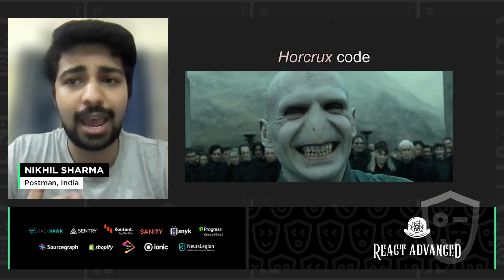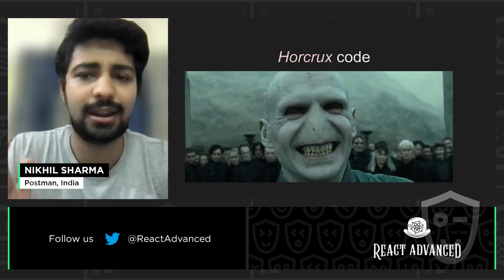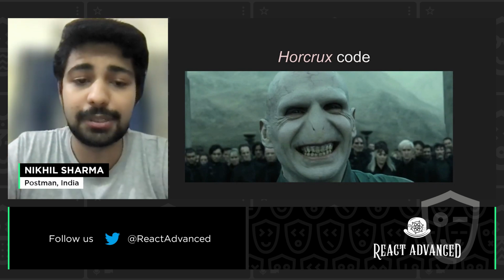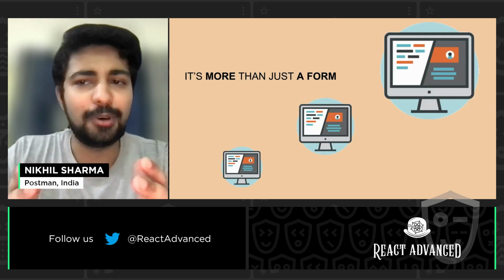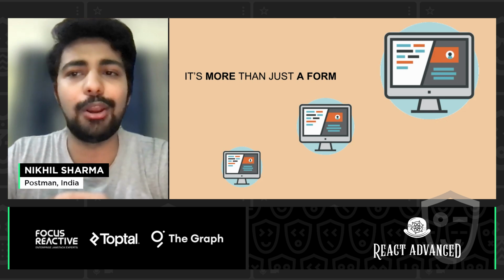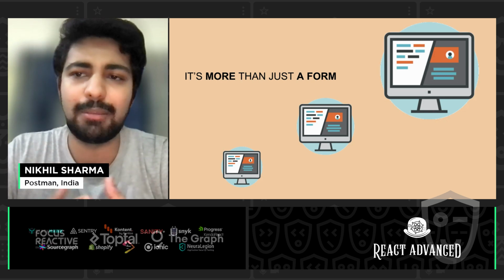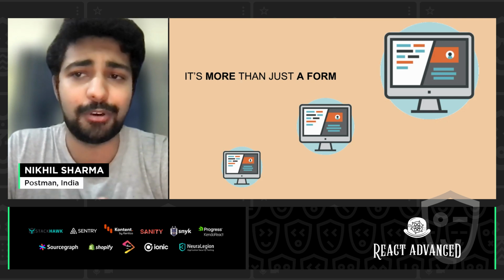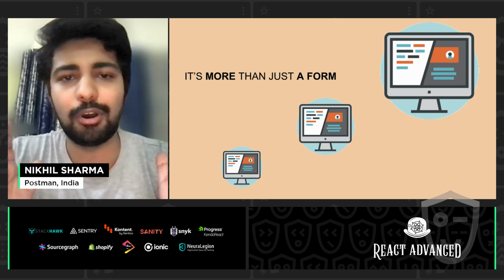The soul of our app, that is our logic, is being spread across multiple places. And this is why it's very difficult to visualize that code. And this is a very small example, as you might have seen. We have a lot more complexity in our UIs and a lot more features to offer. It's not just about a login form, it's much more than that, as our UIs have become tremendously complex and big.